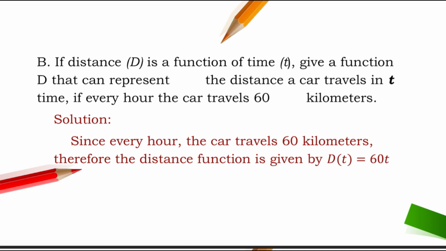So for our solution, since every hour the car travels 60 kilometers, therefore the distance function is given by the equation d of t is equal to 60t. And that is now our equation or function.